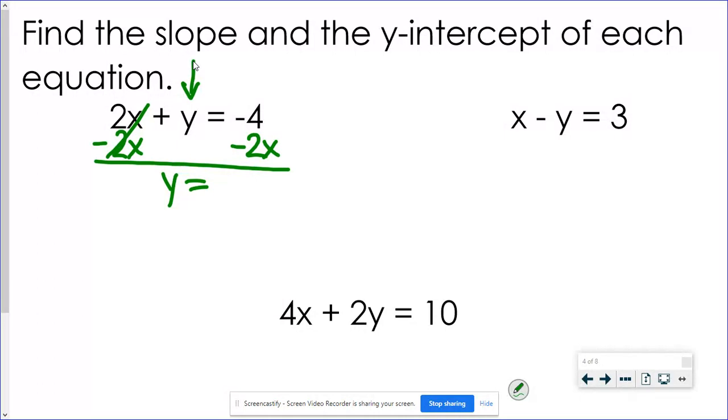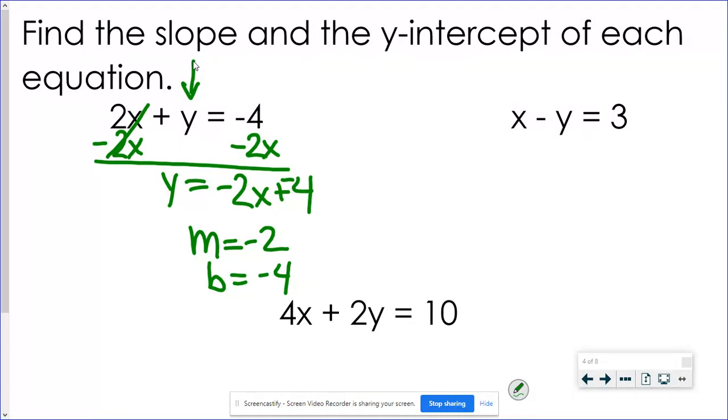We always want the x thing first. This is primarily y. When I write this, I don't want -4 minus 2x. It's not that that's wrong. It's just that it's not in slope-intercept form. If I want slope-intercept form, it should be -2x minus 4. So my slope is -2, or -2/1, and my y-intercept is -4.